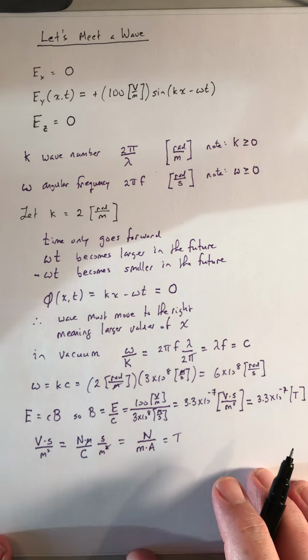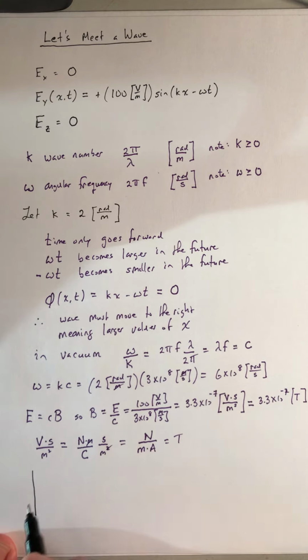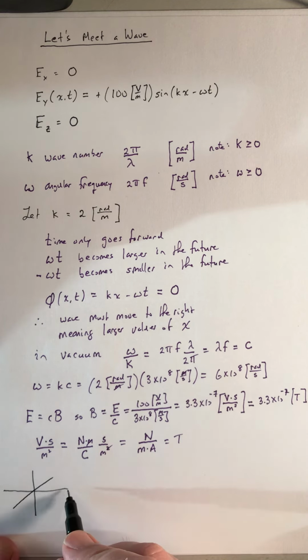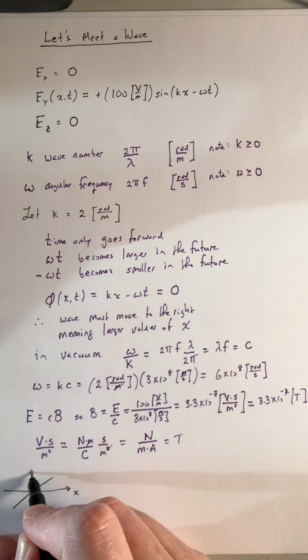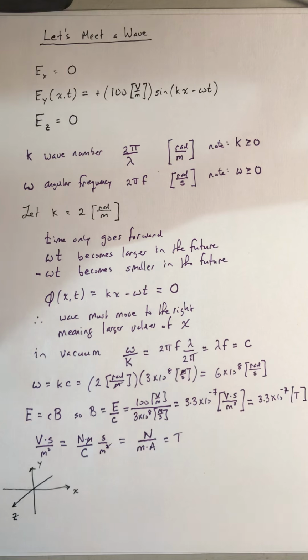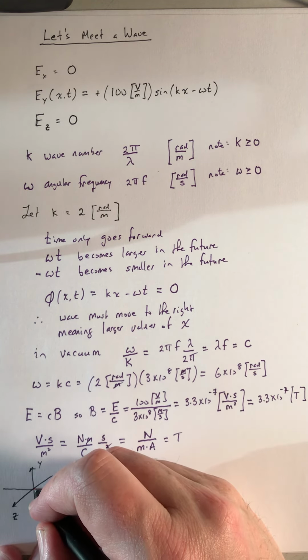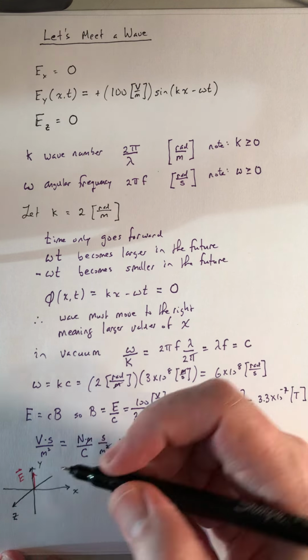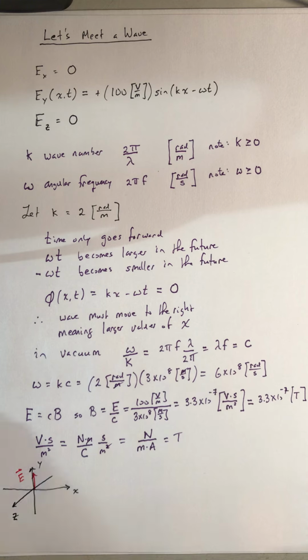All right. Now let's think about what direction the magnetic field is going to point. So let me draw on a coordinate axis, the right-handed coordinate system. So there's the x direction, y direction, and the z direction. And we know that the electric field is pointing along the y direction. And we found that the electromagnetic wave is propagating along the x direction.